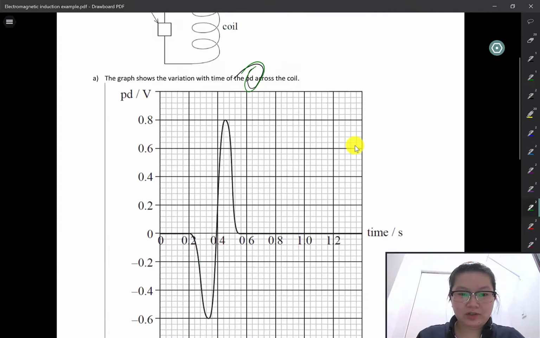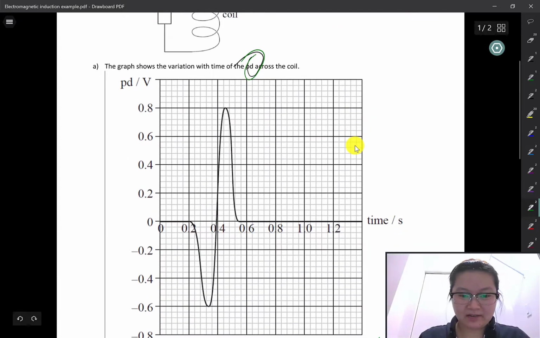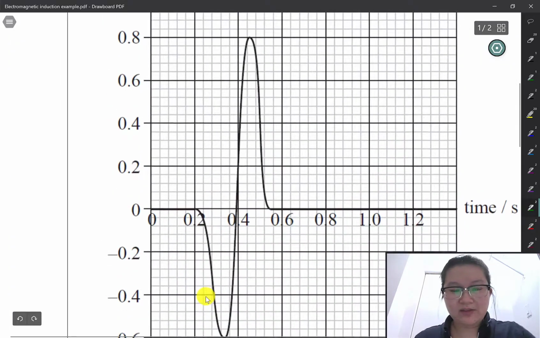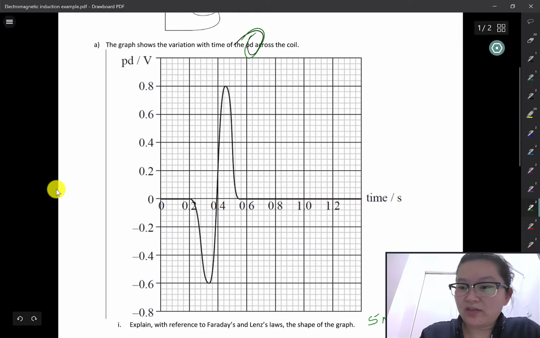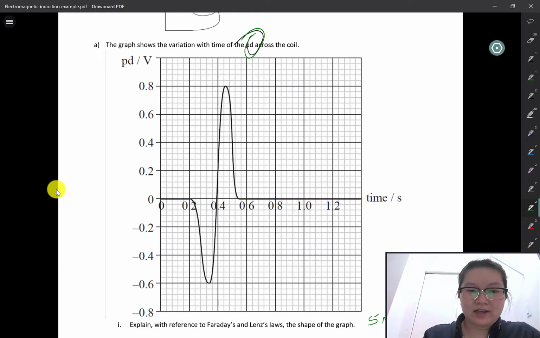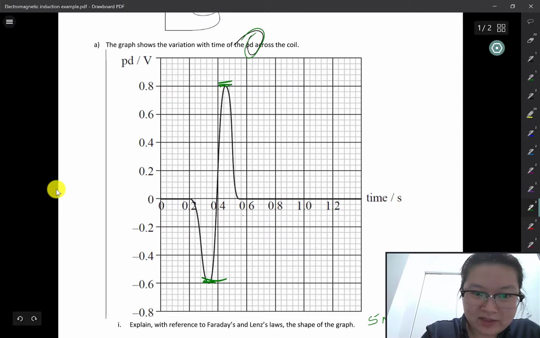You might notice that there are 2 spikes. One of them is in one direction, and then the EMF switches to the other direction. So that's one thing you have to talk about. The other thing you probably notice is that the peak at each point is different.